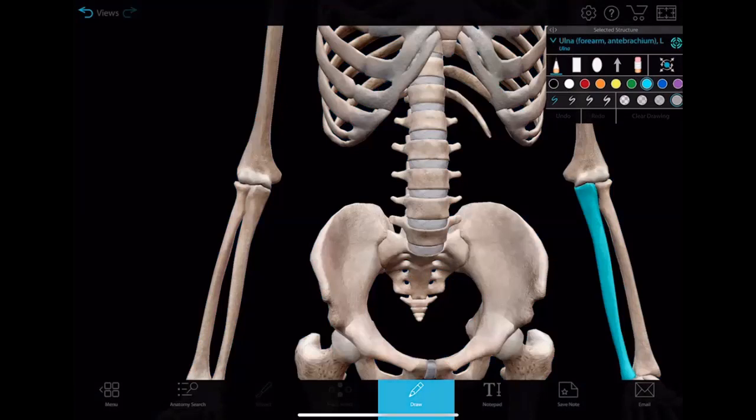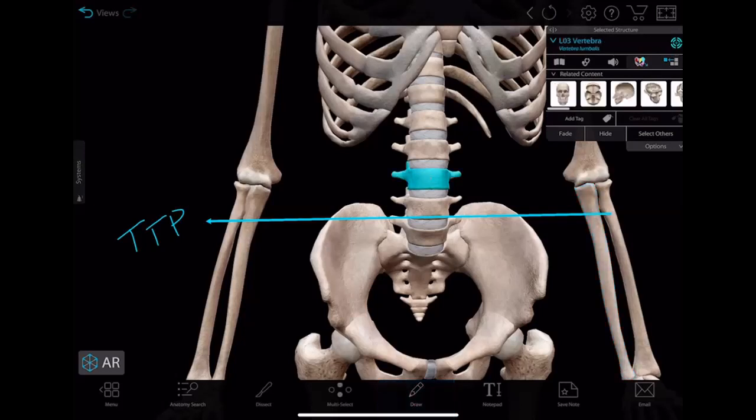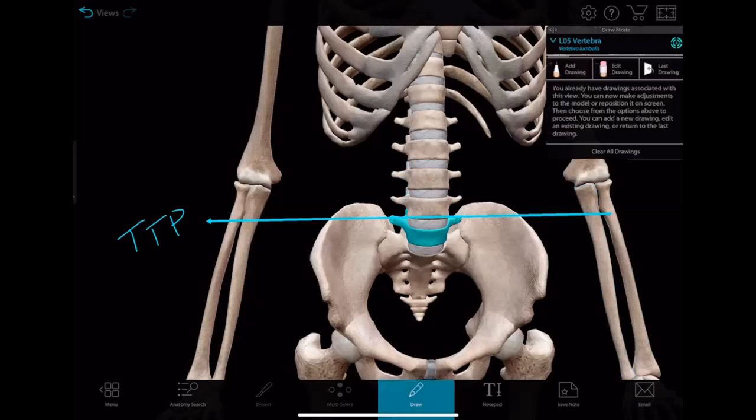You see the tubercles, right? It should be transtubercular plane, right? And this is umbilical plane, what I had drawn.